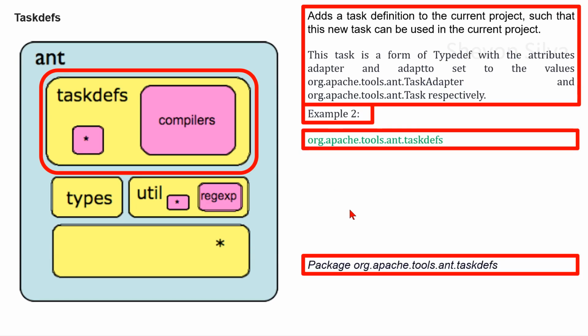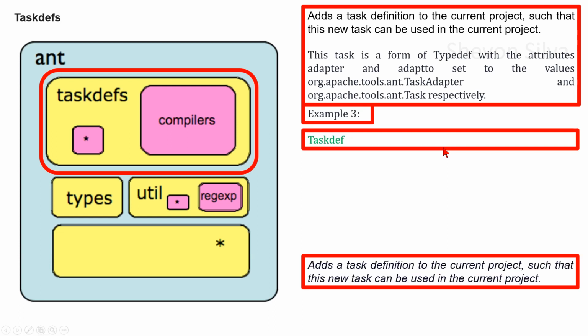As an example 2, we can consider the package org.apache.tools.ant.taskdefs. As an example 3, we can consider Taskdef here. Add a task definition to the current project such that this new task can be used in the current project.